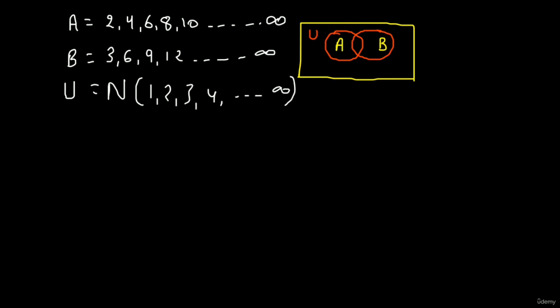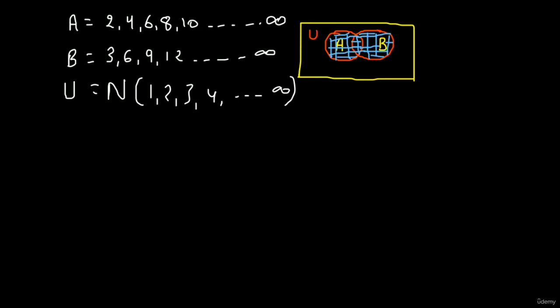So we have defined everything. Now let's see what the meaning of union is. So let's mark it first. Here is the marking. So the marking that I just made is actually representing the union. Union means totality of both the sets. So it includes every place.